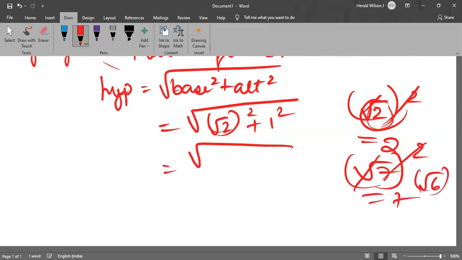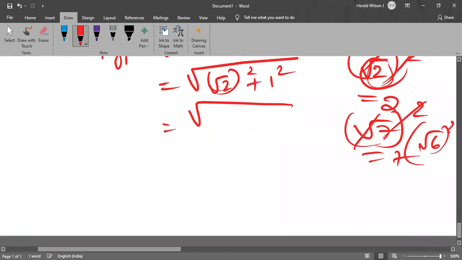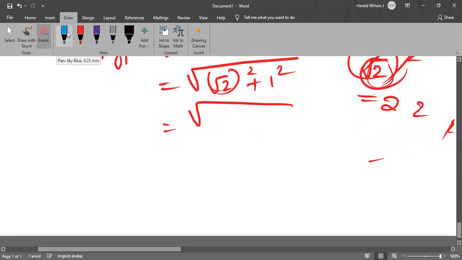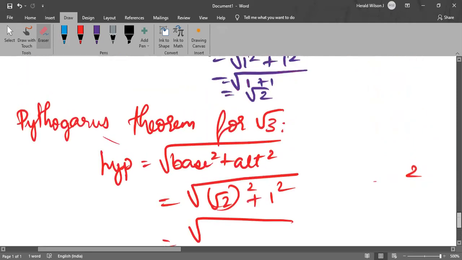Root 6 squared, it'll get cancelled, give you 6. Always remember, this will be carried out throughout mathematics. In chapter 2 polynomials also it will be carried on. We will see a lot of that being used there.